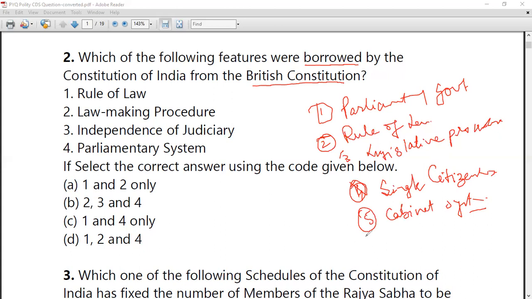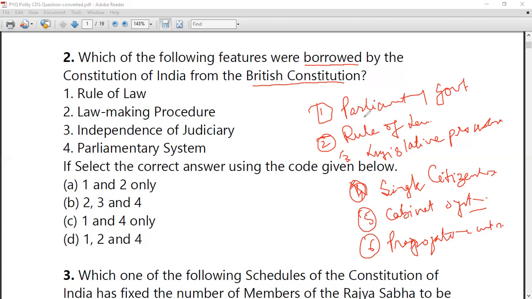Then we have also taken prerogative writs. Parliamentary privileges we have taken, and then bicameralism. One by one, I will explain all these things.